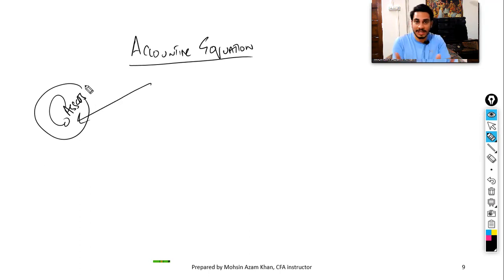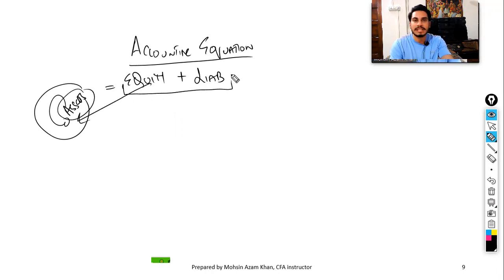You need to translate that into assets. In order to buy those assets, either you will be using your own money, which is called equity, or you will be borrowing some money, which is called liability. So your assets amount will always be equal to the sum of equity plus liability.